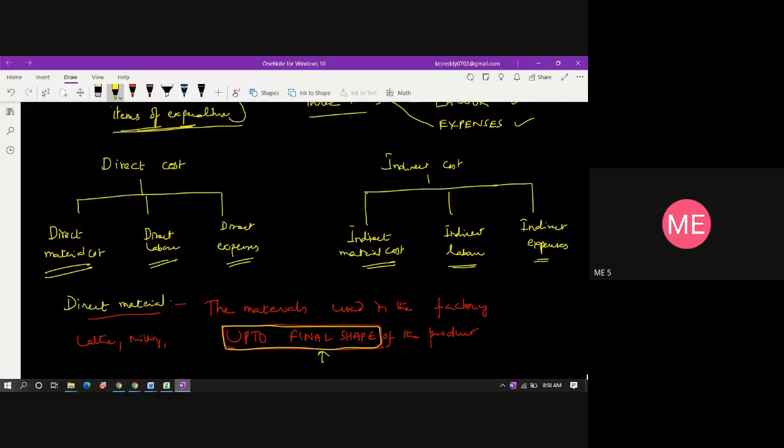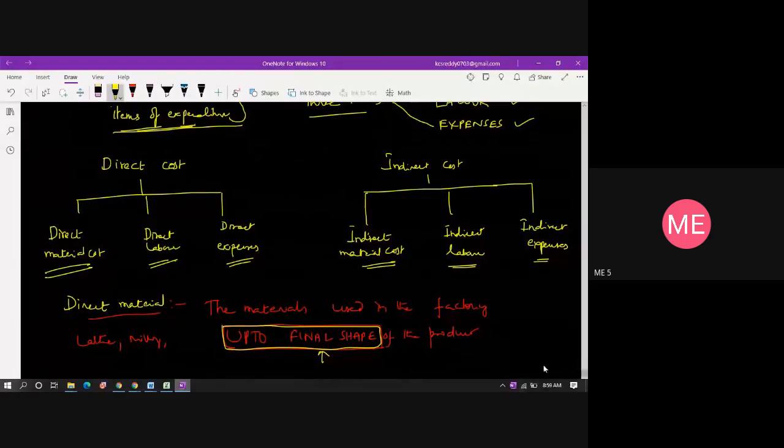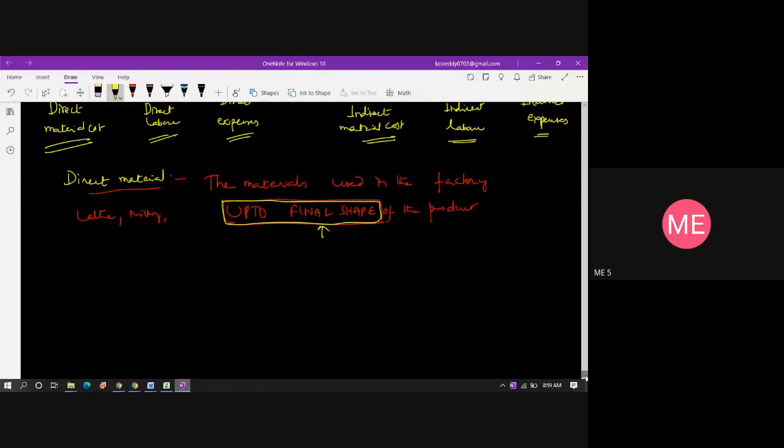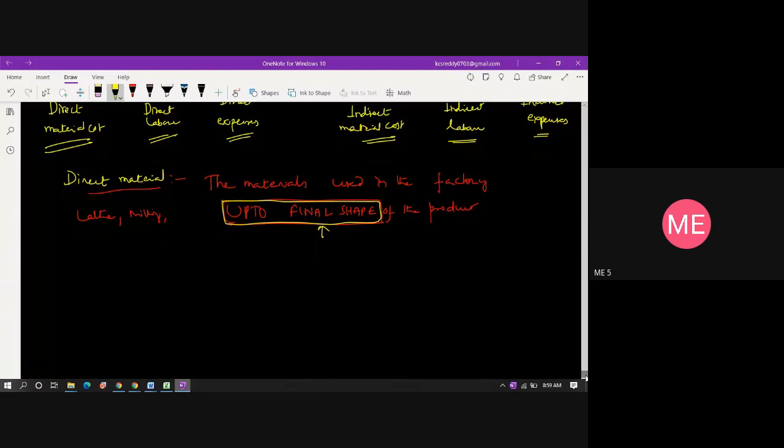This type of material may or may not be visible in the final product, but it can be measured and its cost can be charged directly to the cost of the product.